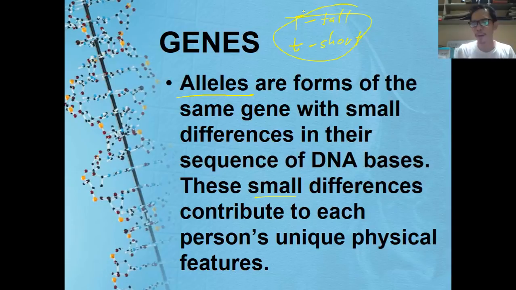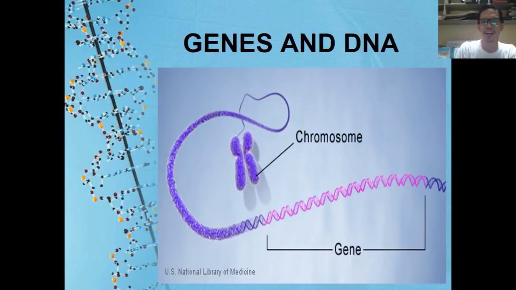Whatever trait the organism inherits from his or her parents, these physical features make an organism unique and make a population vary among each other. Because of these alleles, variation is created in a population. So that is the genes.